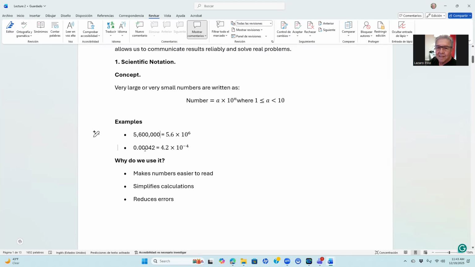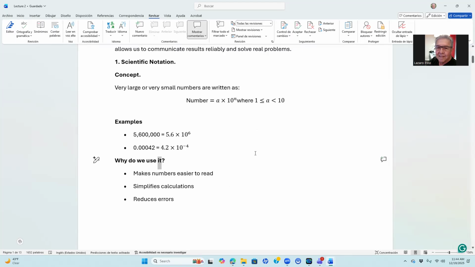So 1, 2, 3, 4, and then you write 4.2 times 10 to the negative 4, and as you move to the right, the exponent is negative, and 4 indicates the number of times you move the point to the right. This is how you are going to express scientific notation, for big numbers and small numbers.